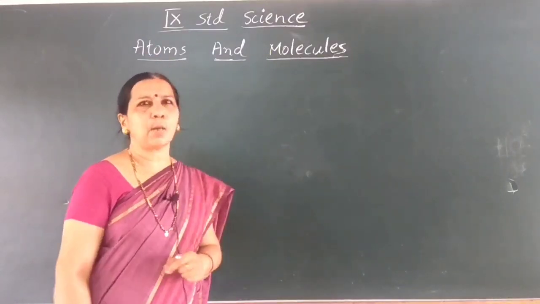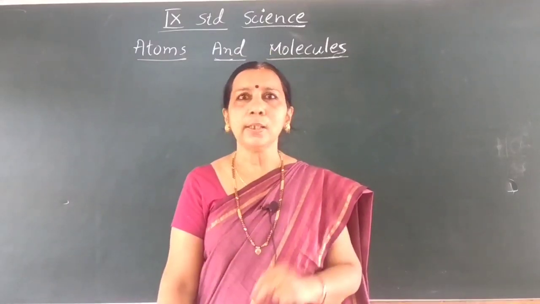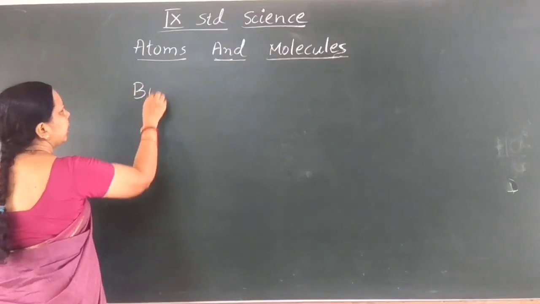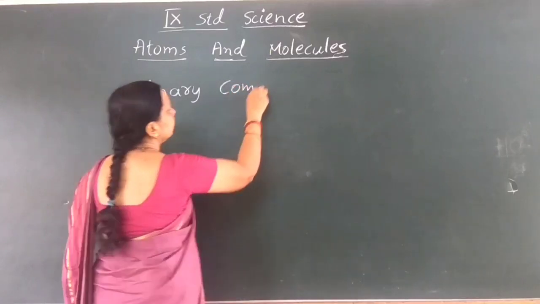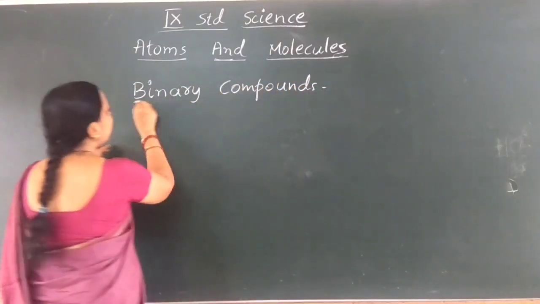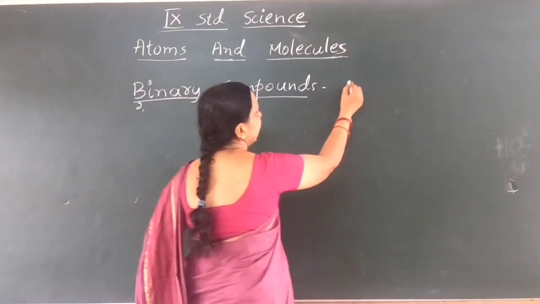The simplest compounds, which are made up of two different elements, are called binary compounds. What do you mean by binary compounds? Bi means two. Simplest compound, bi means two. So what are binary compounds?